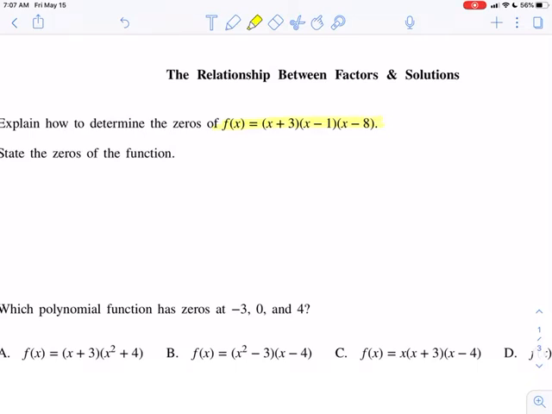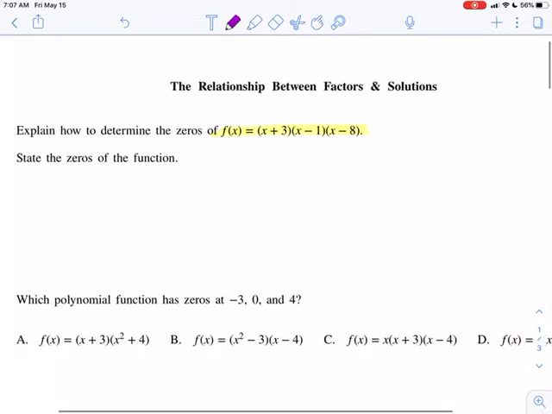It was a quadratic at some point, okay? Or actually, it was a cubic because there's 3 solutions here, okay? It was to the degree 3, but it's all factored. So, how do you find the zeros of this? You set each factor equal to 0.